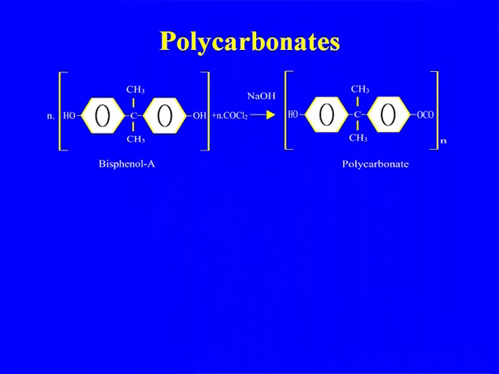This is the reaction taking place, and as I told you, we have two important feedstocks, bisphenol and phosgene. Bisphenol comes from the raw material phenol, then phosgene, and after polymerization we get the polycarbonate. This is the process of manufacture.